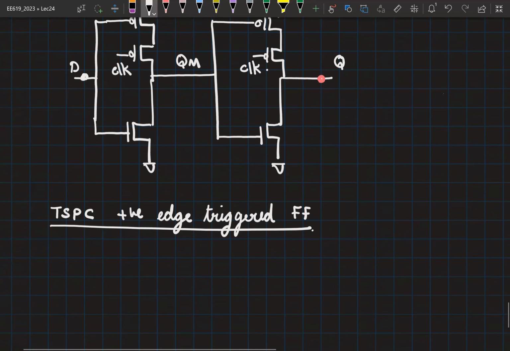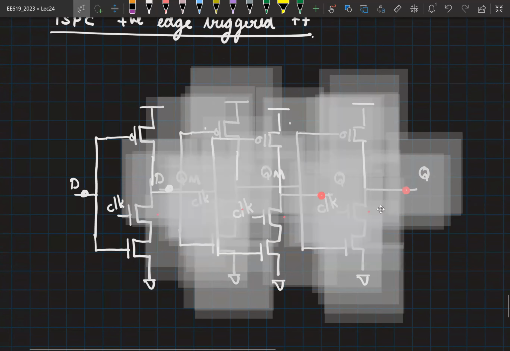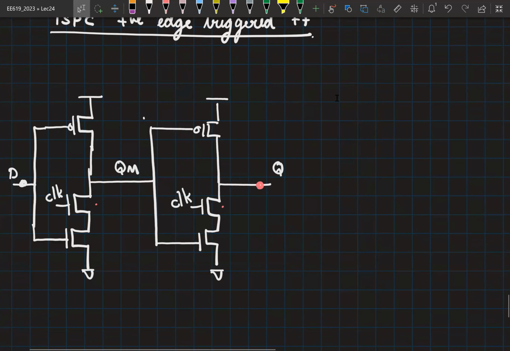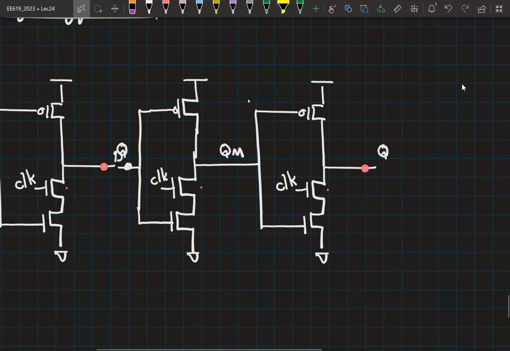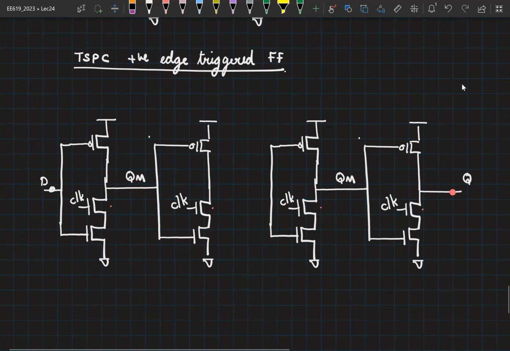Okay. So you simply have to cascade the negative latch first and follow it up with a positive latch. So this is now the midpoint voltage.